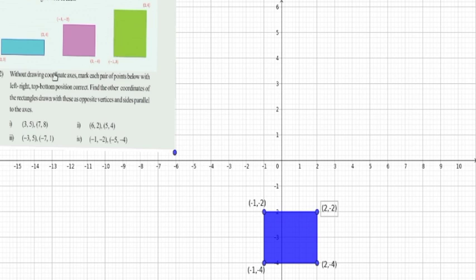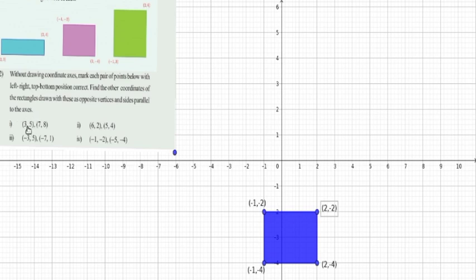Do that. And the second question: without drawing the coordinate axis, mark each pair of points below with the left, right, top, bottom position correct. Find the other coordinates of the rectangle drawn with these as opposite vertices and sides parallel to the axis.